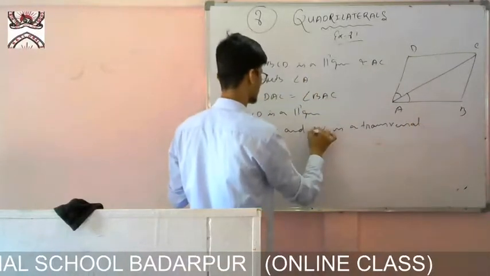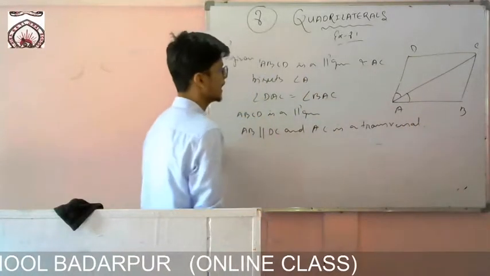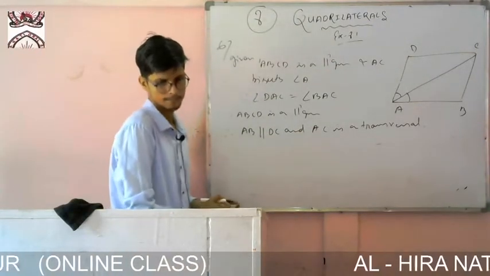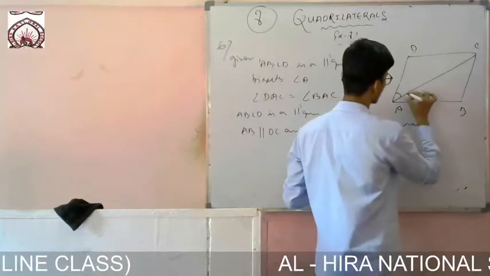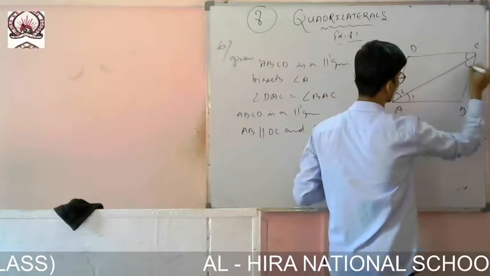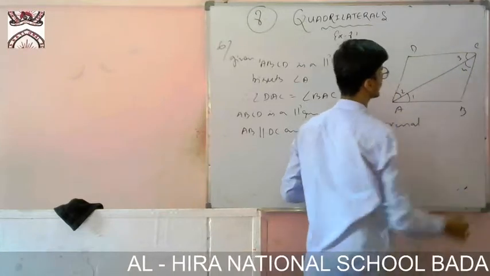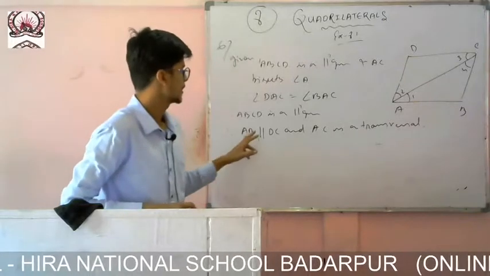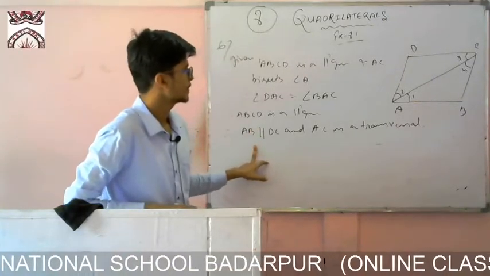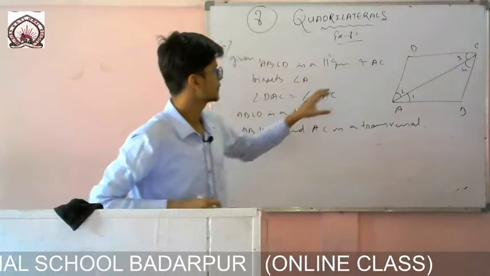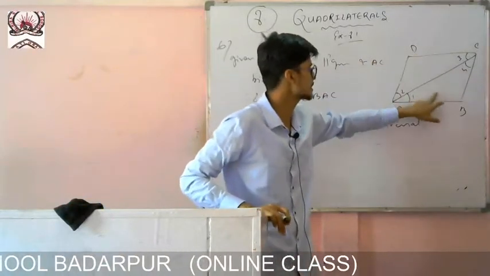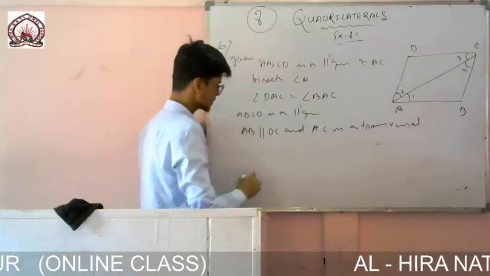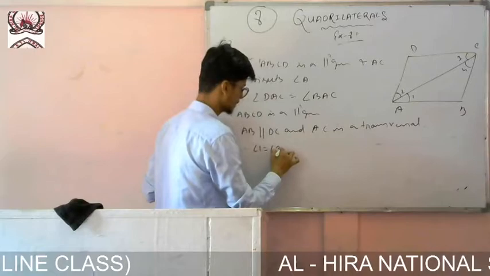Let me name these angles 1, 2, 3, 4. Here, AB is parallel to DC and AC is a transversal, so angle 1 is equal to angle 3.